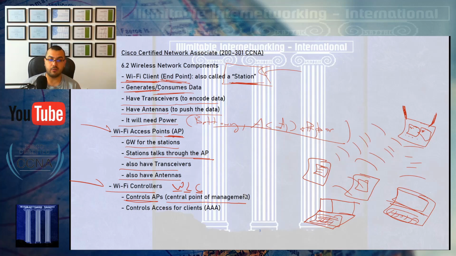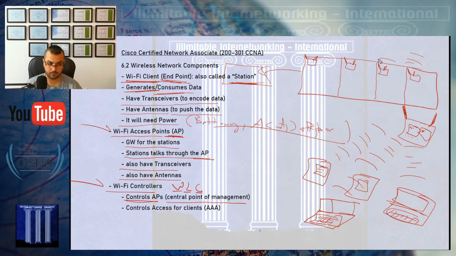Imagine I have a ground floor in a hotel or hospital or whatever place, and this ground floor has 4 rooms or 4 sections, and I need a wireless access point, not a wireless controller, for each section to keep broadcasting the network this way.